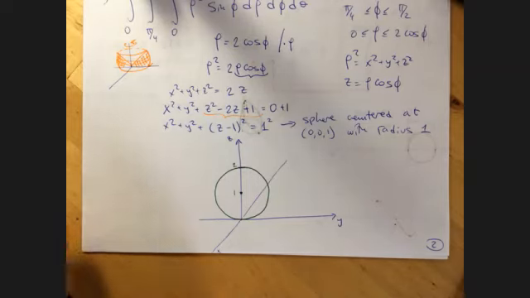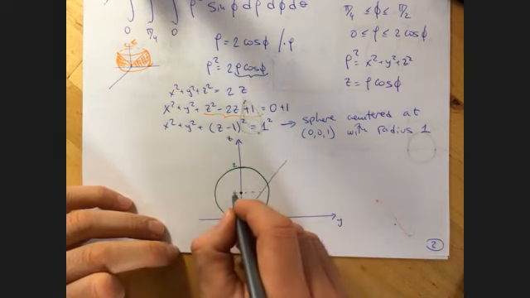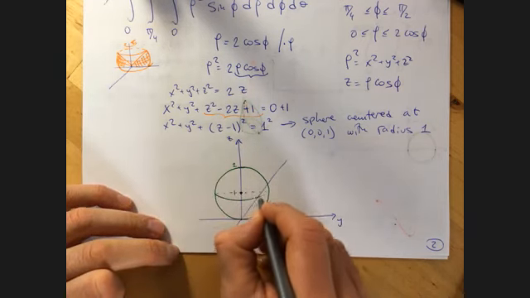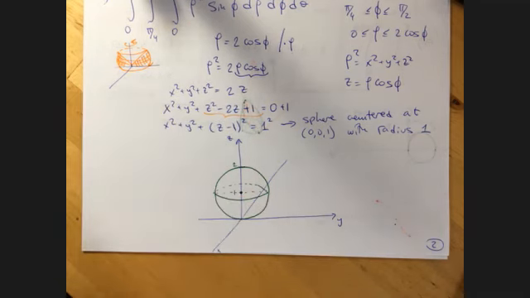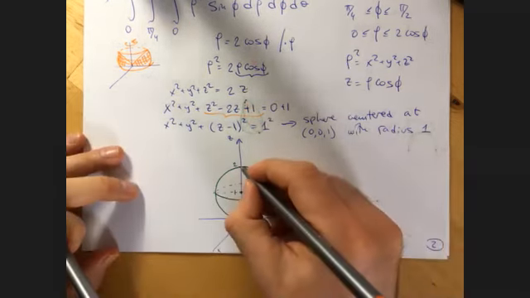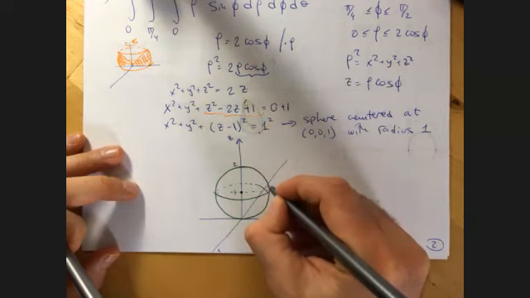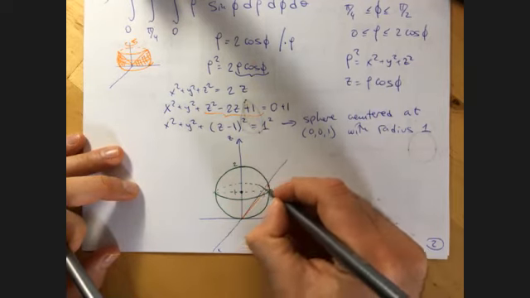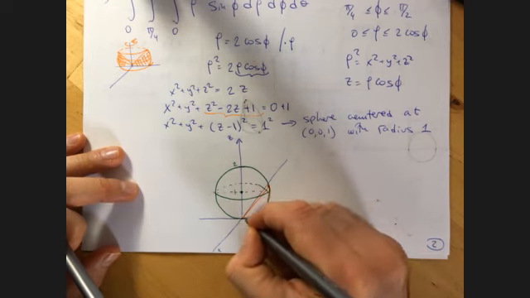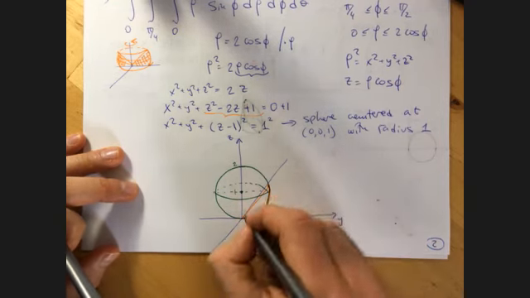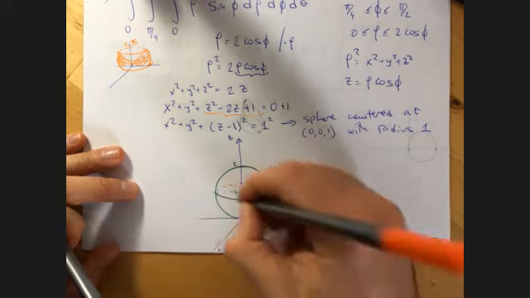And then this is a sphere, right? Okay. And then from pi over 4, let's say pi over 4 is here, from pi over 4 to pi over 2. So basically this is the solid that we are talking about.